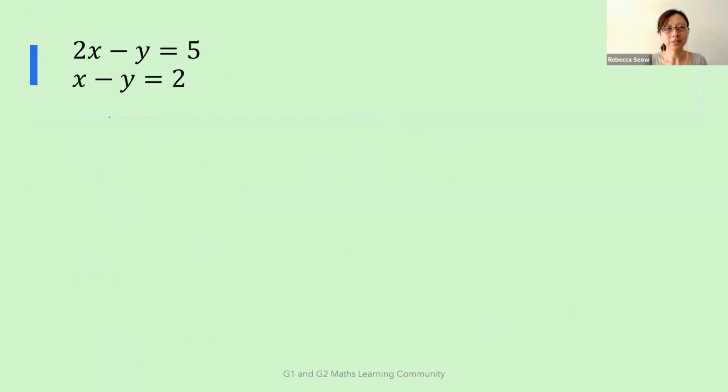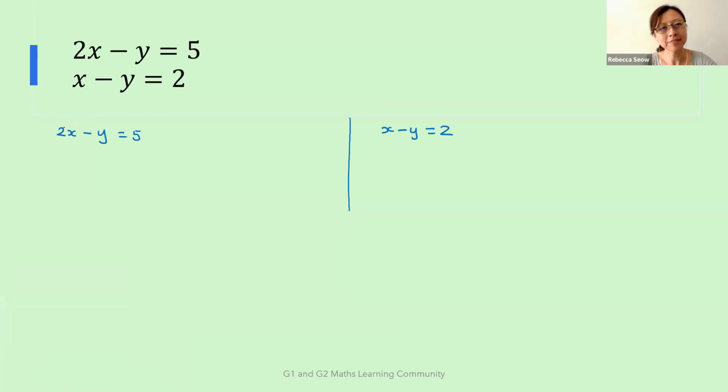Now, this is the next question. 2x minus y equals 5, x minus y equals 2. First step, we divide the solution space into two halves. First equation, we write it at the top left-hand corner. Second equation, write it on the top right-hand corner.